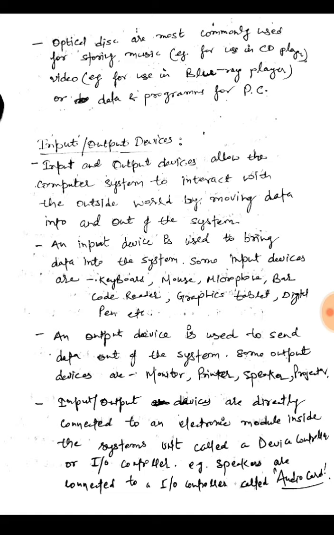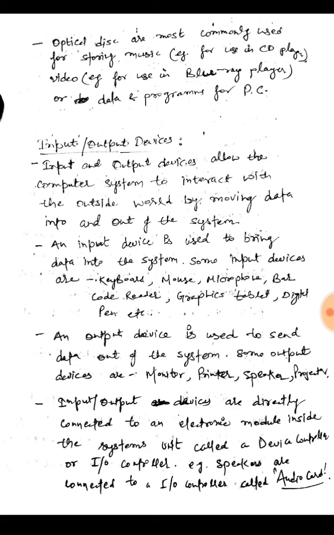So next is input output device, that you all know. Input and output devices allow the computer system to interact with the outside world by moving data into and out of the system. So an input device is used to bring data into the system.